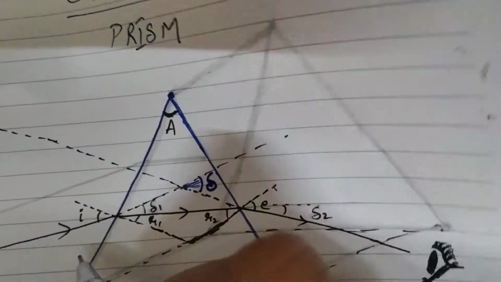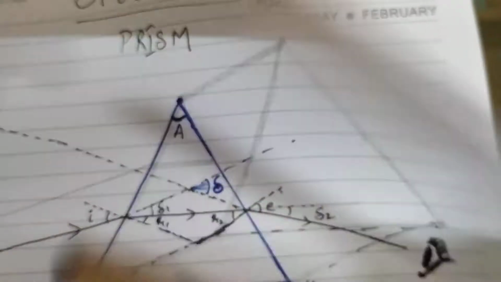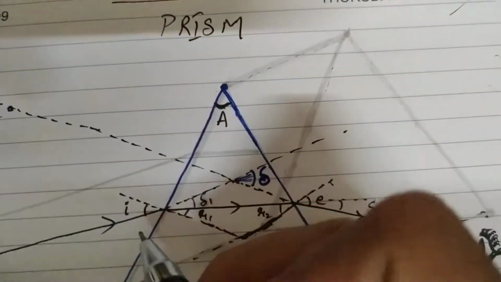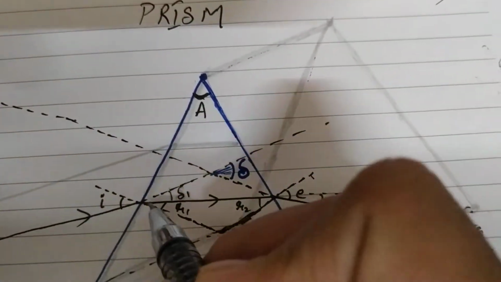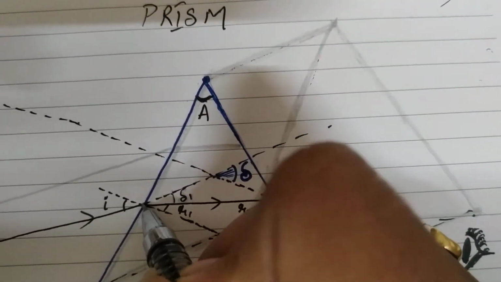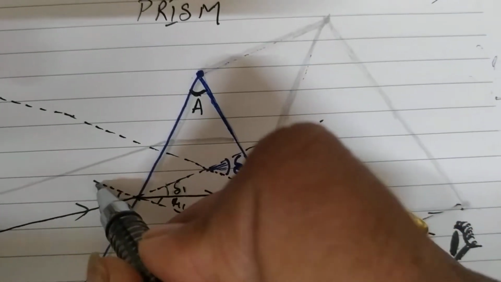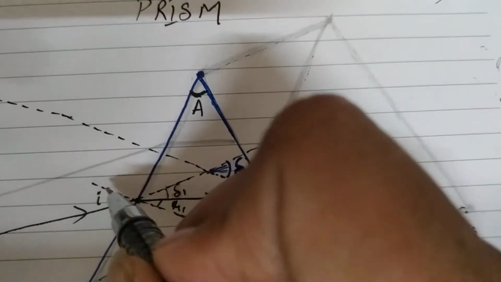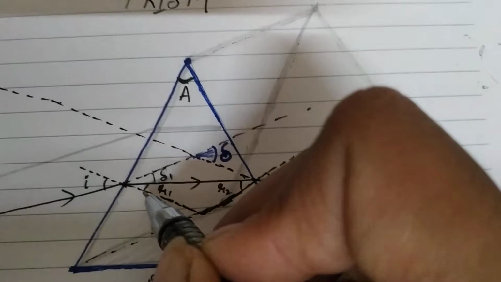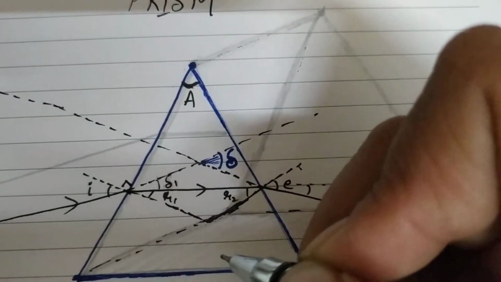You see now, look at the different angles which are drawn here. Number 1, when a light ray strikes the surface of the prism, this becomes the point of incidence, and at this point of incidence we draw a normal in our diagrams. Now this line is a normal, and this normal is perpendicular to the surface, right?